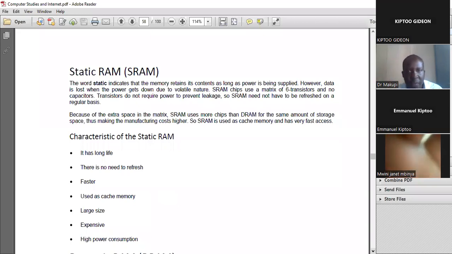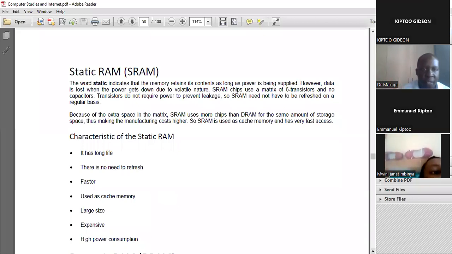SRAM is made up of 6 transistors and no capacitors. I hope you understand from physics the work of capacitors, that they store charges. With the absence of capacitors, this kind of RAM does not store charges. So in general, from the design part, static RAM is made up of 6 transistors and no capacitors.